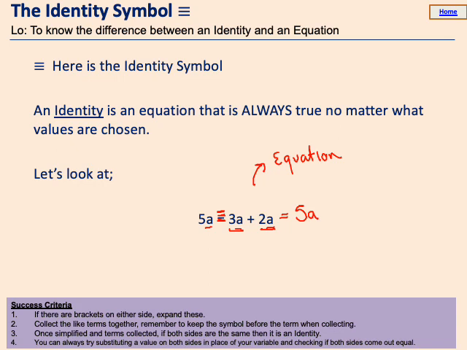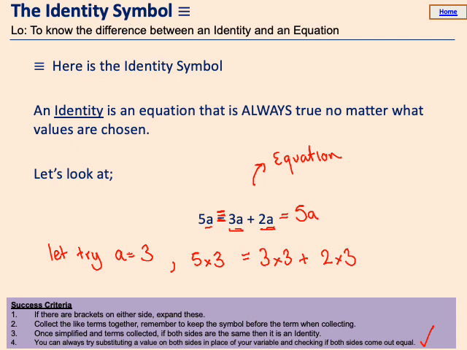Also, what we see on our bottom success criteria here, number 4, is we could try values. So let's try a equal to 3. So on the left hand side we have 5 times 3, and on the right hand side we're going to have 3 times 3 added to 2 times 3.